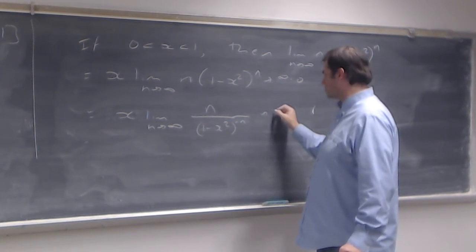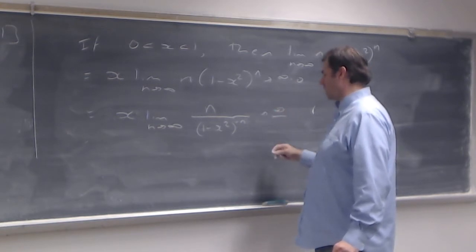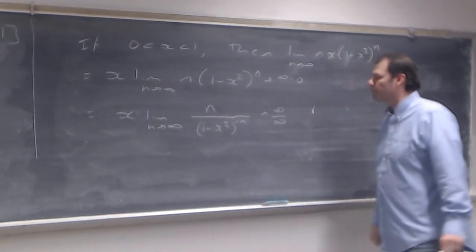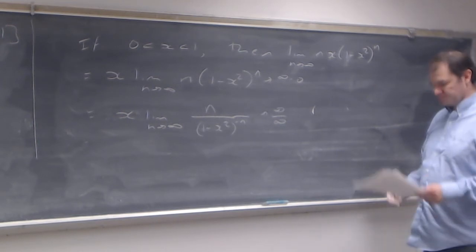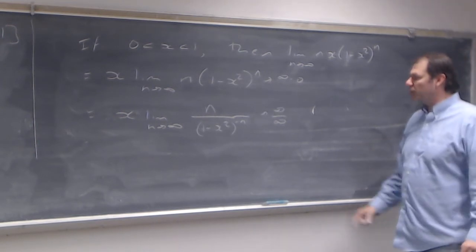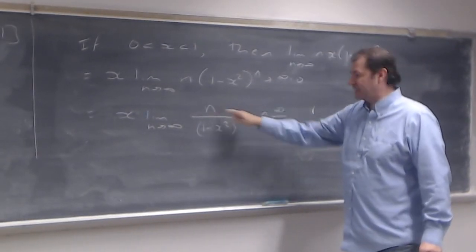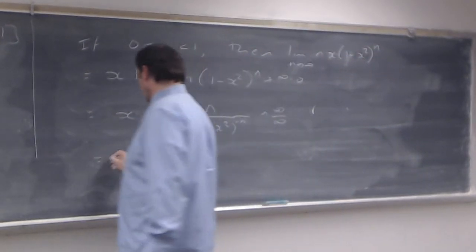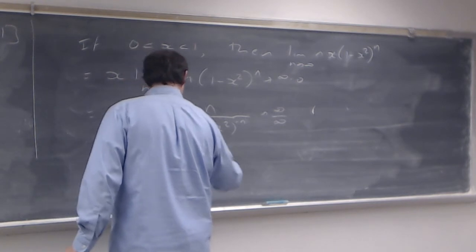So the top part goes to infinity, and the bottom will end up going towards infinity as well. And so then we can use L'Hopital's rule. Taking the derivative of the top with respect to n is no problem. Taking the derivative of the bottom with respect to n, well, that involves something called logarithmic differentiation.